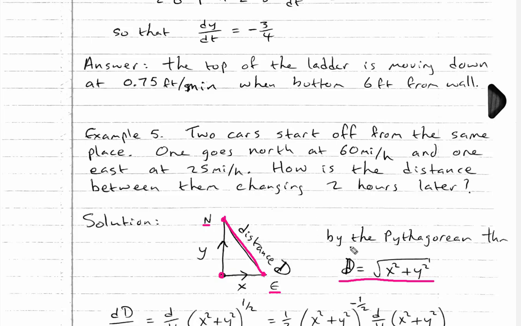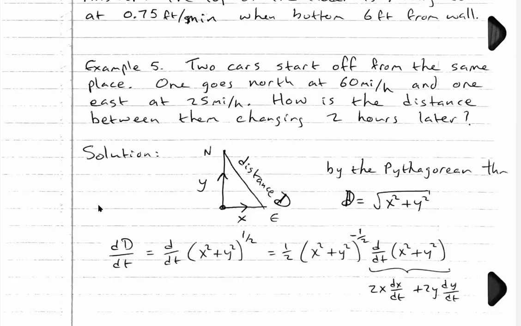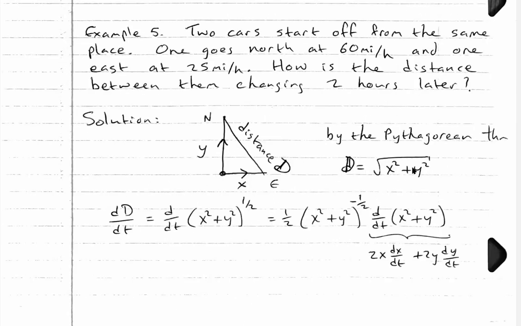There are three quantities: the position of each car and the distance between them. And all three are changing.